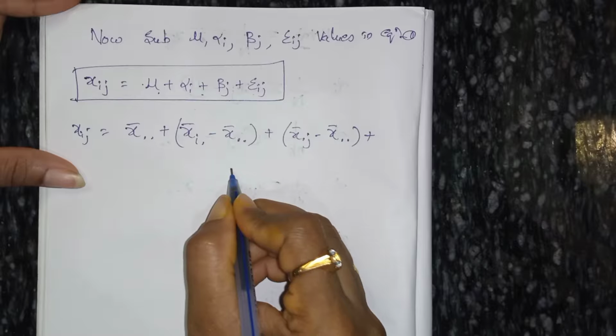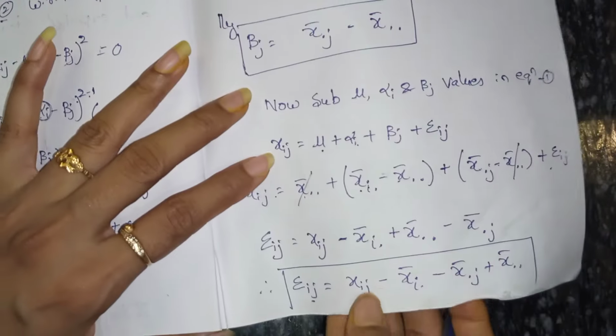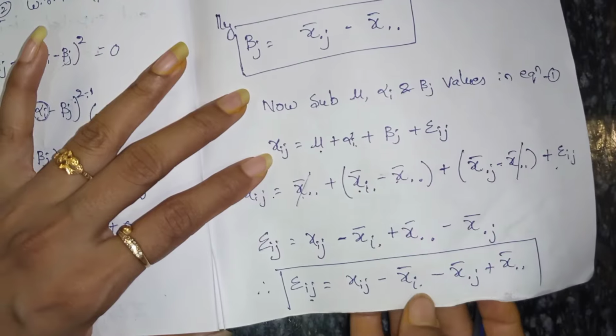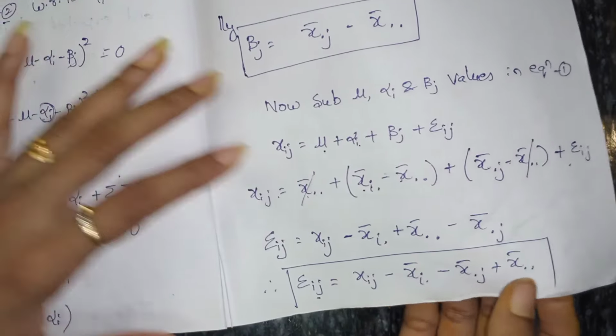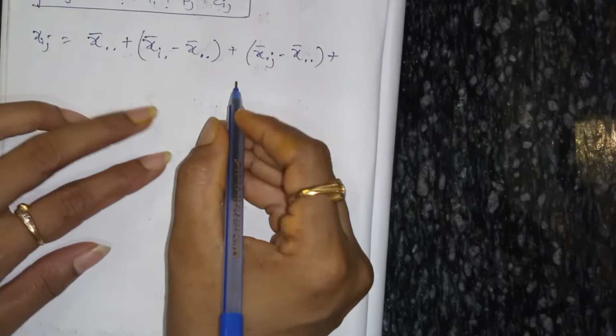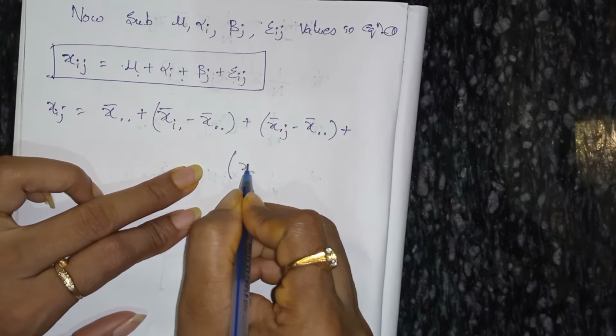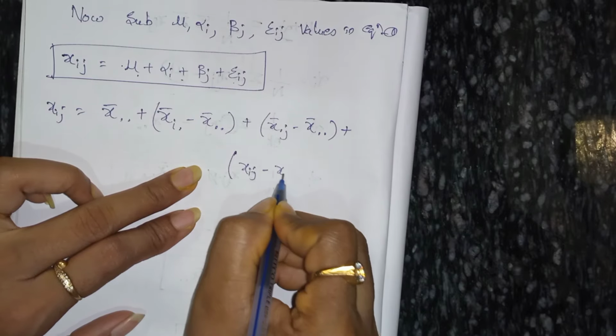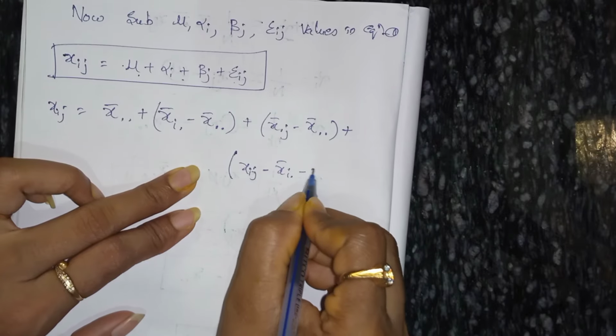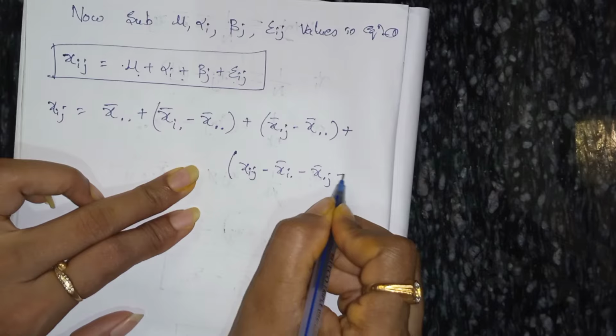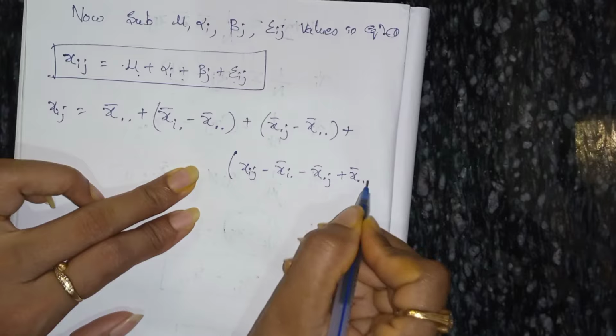So epsilon ij is xij minus x bar i dot minus x bar dot j plus x bar double dot.